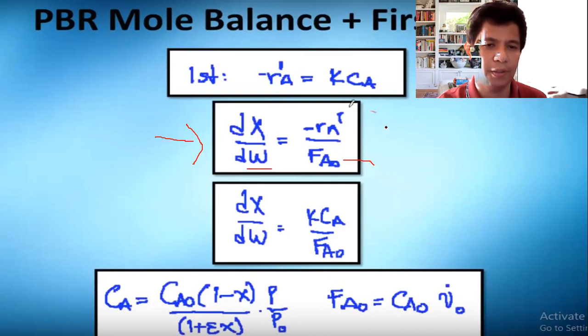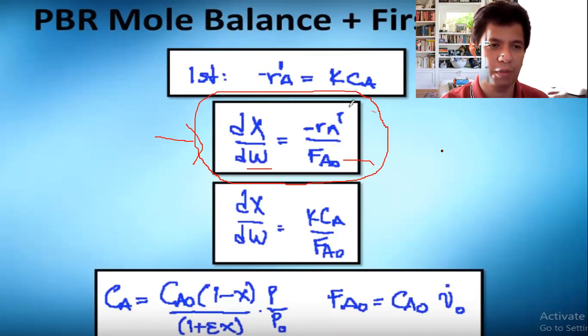Okay, so this is the first differential equation that we're going to use to solve the PBR problem. And then as you can see, this is just derived from an equation similar to a PFR or similar to a batch reactor. Okay?